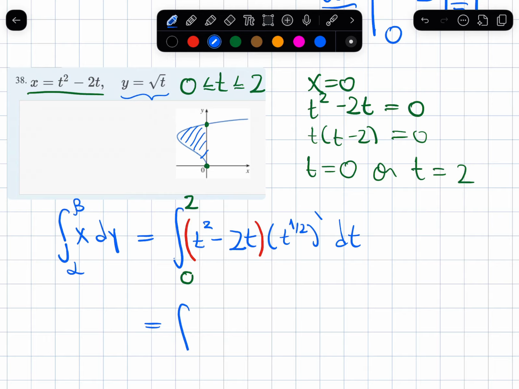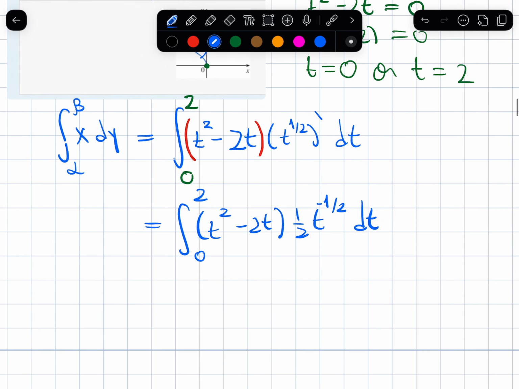All right, now everything else is just algebra. If you understand what we did so far, the rest is just training how to solve integrals, and it should be fine. Okay, so let's do it. This is t squared minus 2t. This derivative should be 1/2 t to the power negative 1/2 dt.